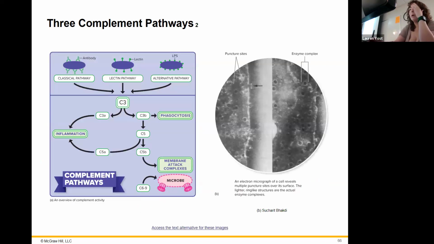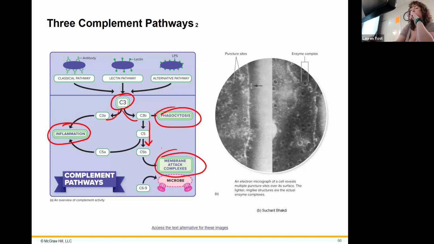All right, so these are the pathways. No matter how you trigger it, this whole cascade of C3 becomes C3a and C3b. C3b induces phagocytosis. C3a is involved in triggering inflammation. And you can even take C3b further down into the membrane attack complex, and I'll show you what that is in a moment.